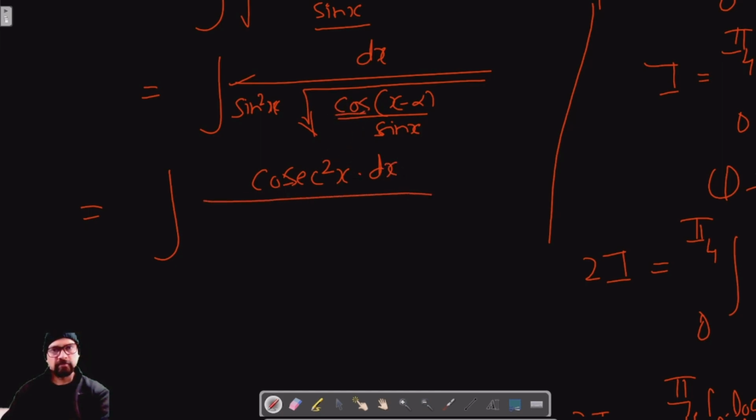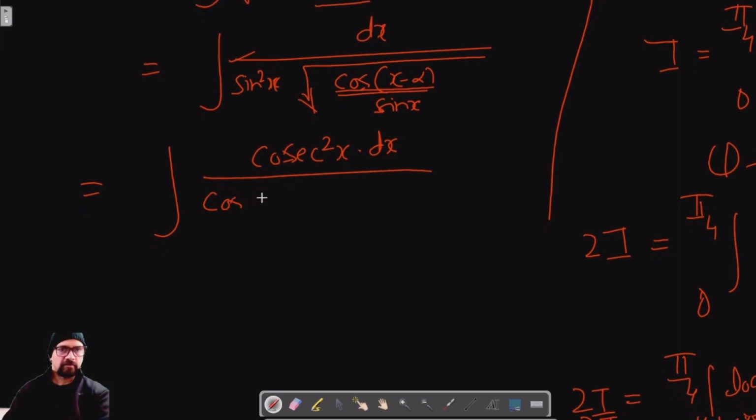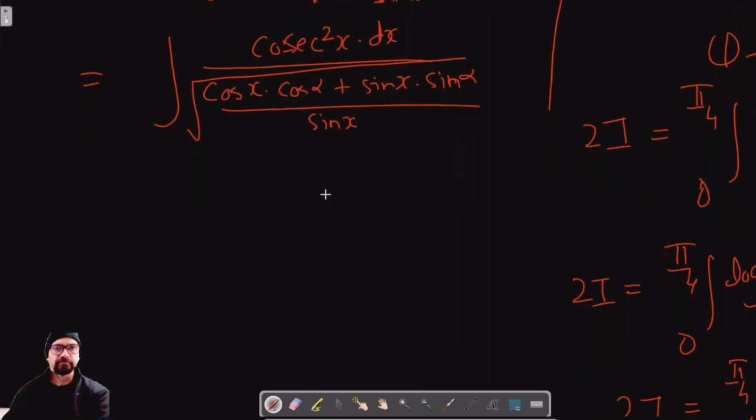I'm going to use the formula cos of a minus b, which is cos a cos b plus sine a sine b, upon sine x, all within the root.